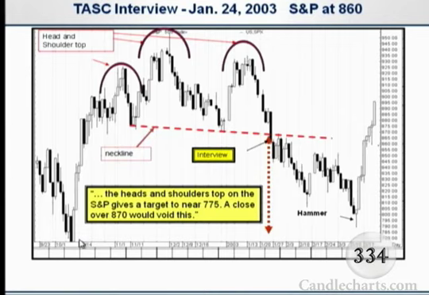But this was nice because we also had bullish engulfing patterns back here at actually 775. The low on the head and shoulders neckline, the target was actually 782 or 783. We got to 785. But the point is, this hammer was confirmation of the neckline's target, and just as importantly as the bullish engulfing patterns there. So East and West. Now, this was from January 24th, 2003.